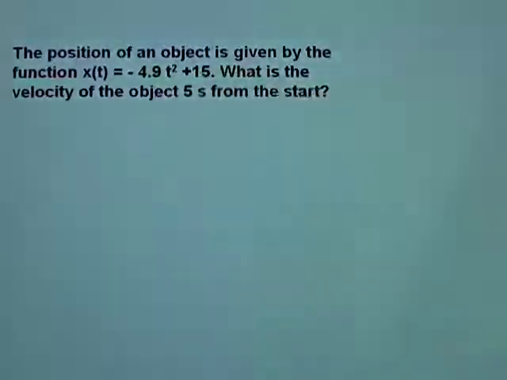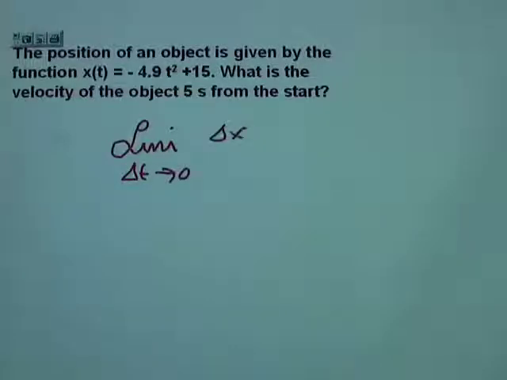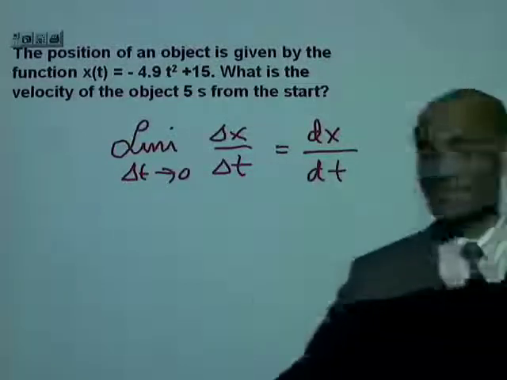Now, what is the definition of instantaneous velocity? Instantaneous velocity is the limit when delta t approaches 0 of delta x divided by delta t. And this is what we call the derivative of the position function with respect to time. Is that right?